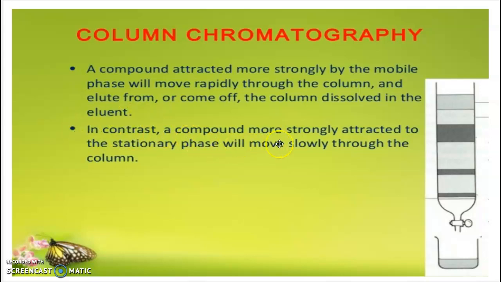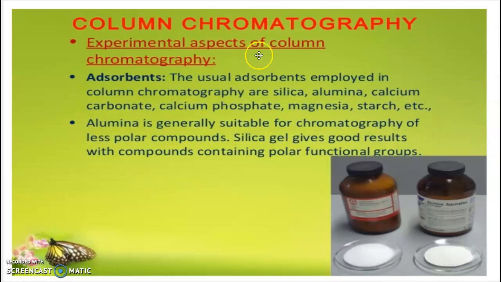In contrast, a compound more strongly attracted to the stationary phase will move slowly through the column, that is, it is eluted next or last. Okay, column chromatography experimental aspects are given as adsorbents.